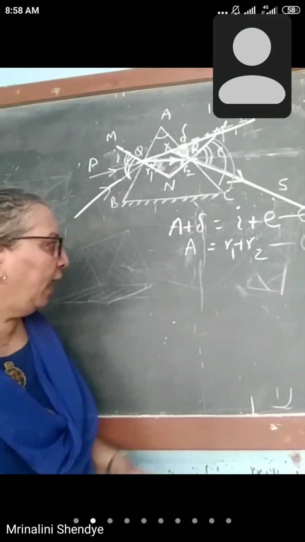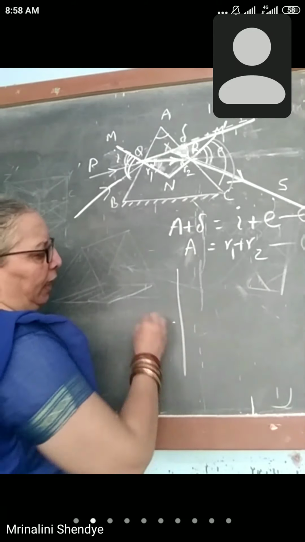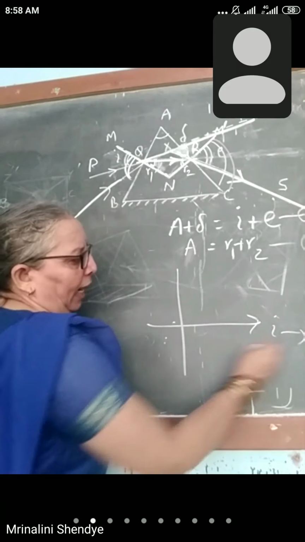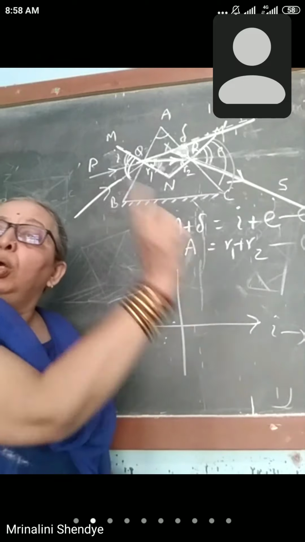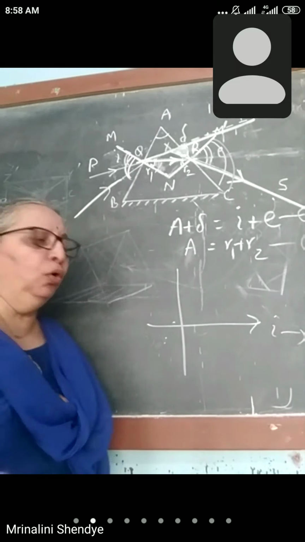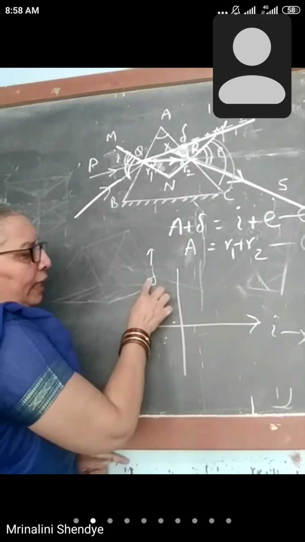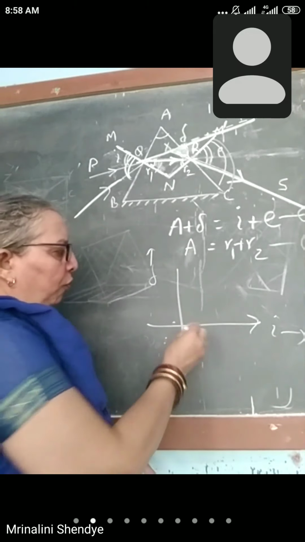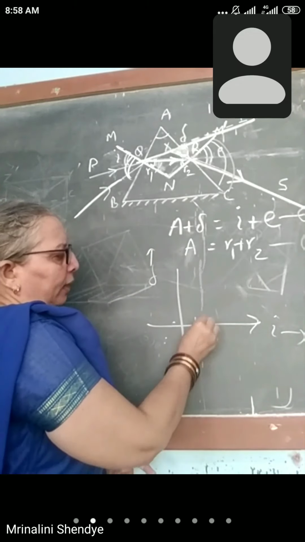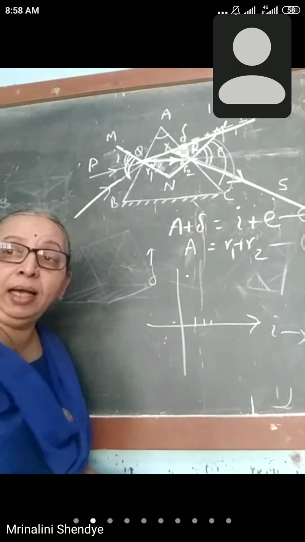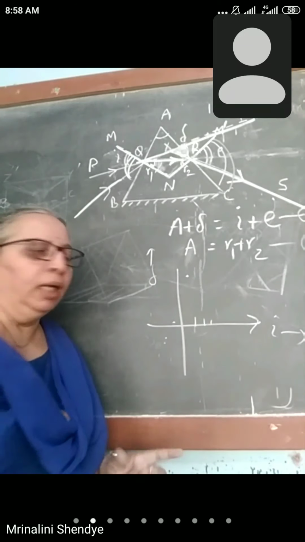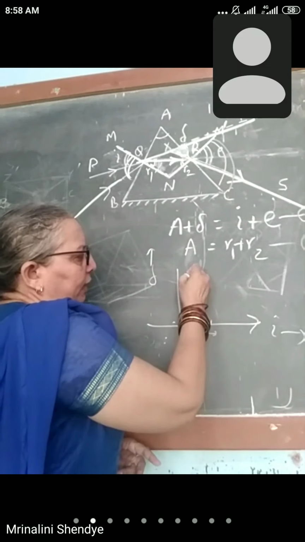So what happens here? Initially, if I increases gradually from 0 to large values, delta initially is large for the first small values 10, 20, 30. Then as I increases, delta decreases.